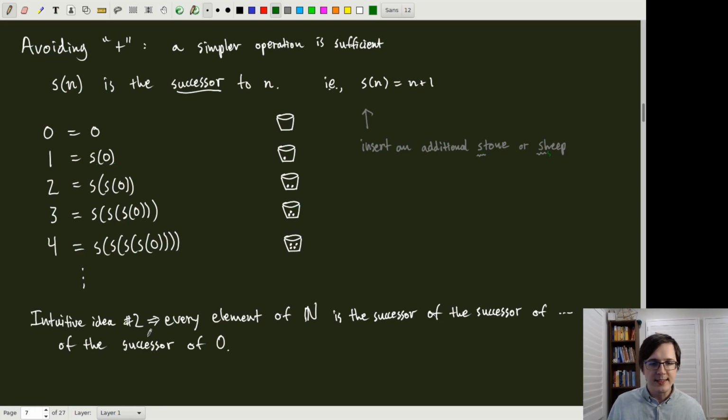So one consequence of intuitive idea number 2, just like before, is that every element of N is the iterated successor of 0. So the successor of the successor of the successor of so on of the successor of 0, for some finite sequence of successors.